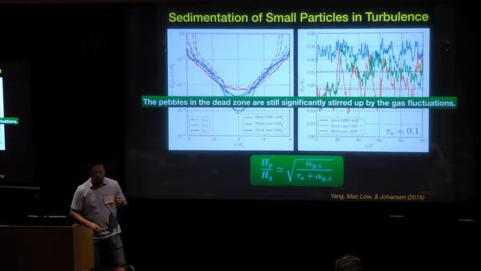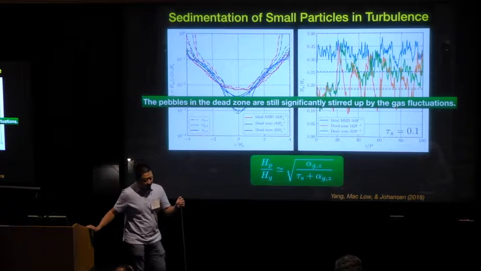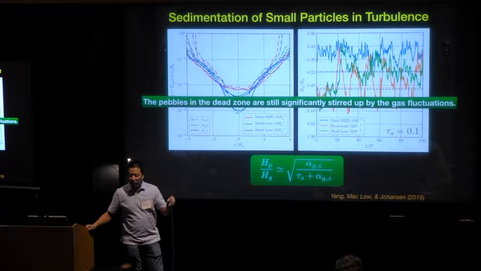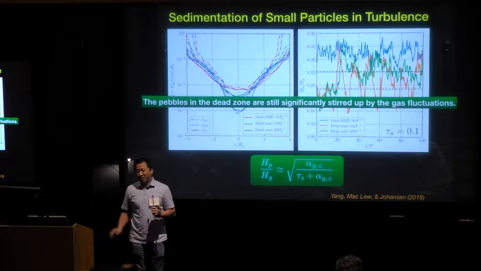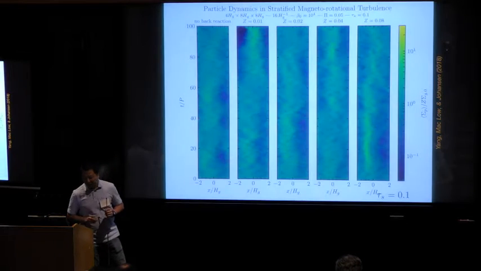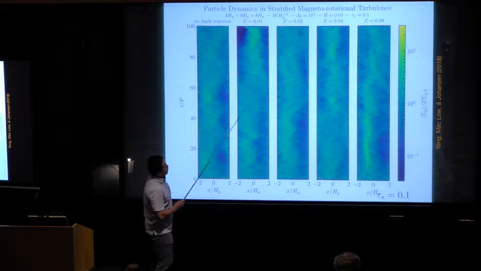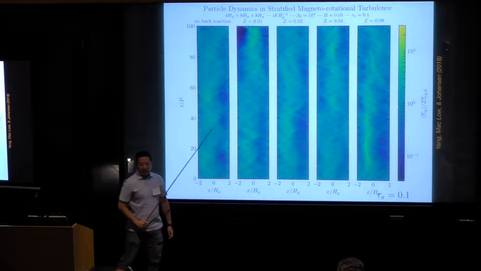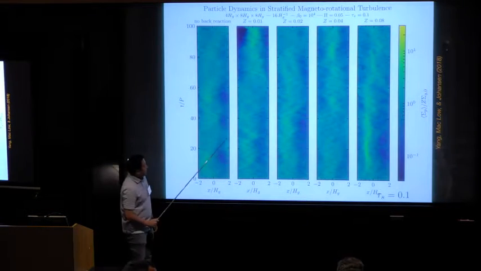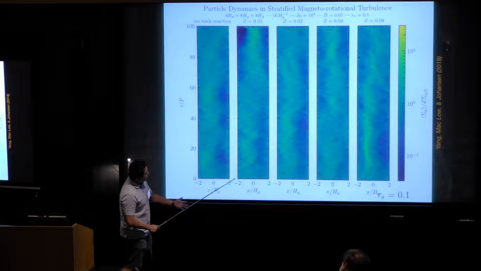So as Mingkai said yesterday, this is very difficult for the streaming instability. So let's find out if that's the case. In the ideal MHD, I turn on back reaction and systematically increase the solid loading. And this is the radial concentration as a function of time.